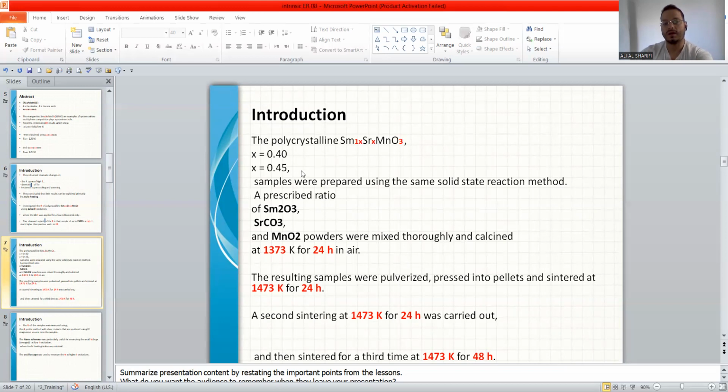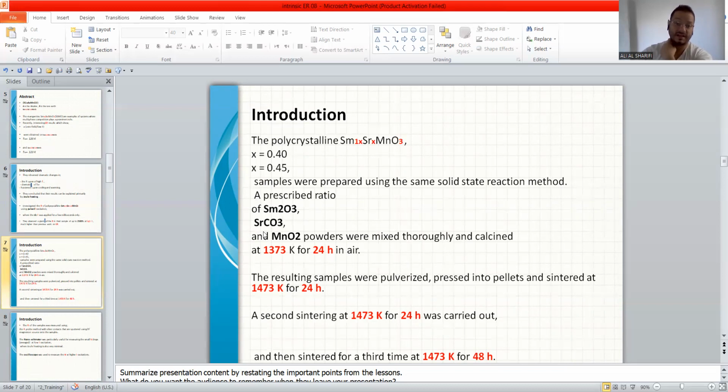Here is some information about the components: Sm2O3 and SrCO3 were reacted at a high temperature, approximately 1,375 Kelvin for 24 hours.